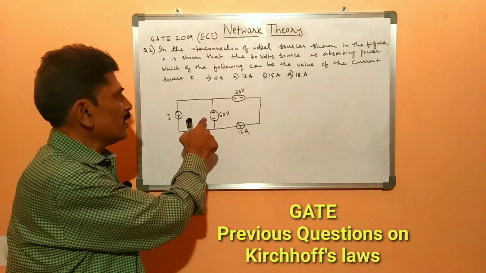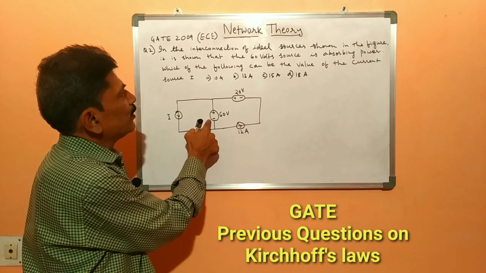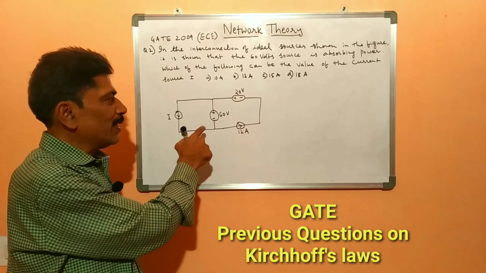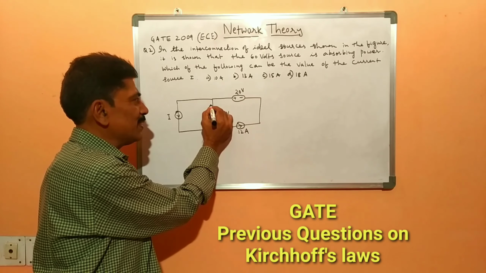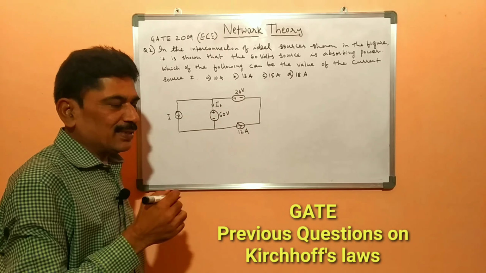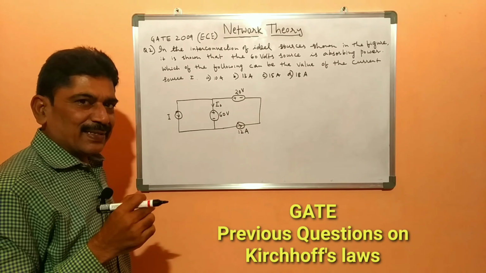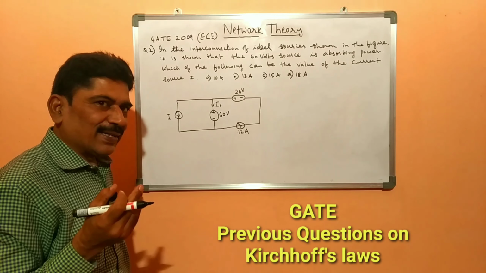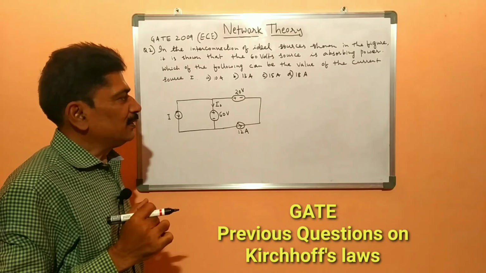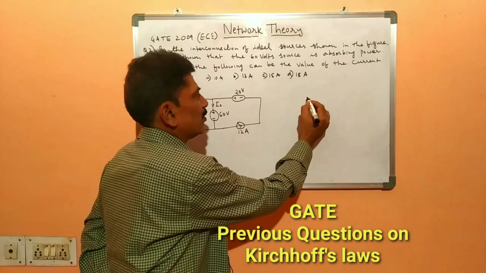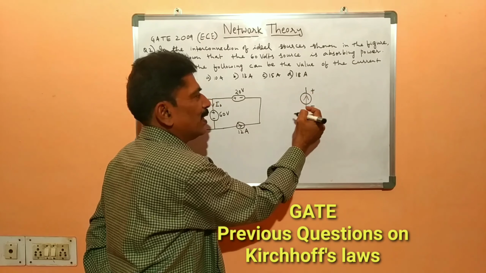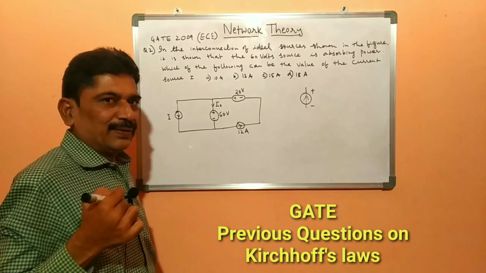Here it is given that the 60 volts source is absorbing power. So what is the power absorbed by this? 60 into the current which is entering. Let that be Is. Is is the current entering, since it is absorbing source. If it is delivering the power, then the current should move out from the positive terminal. Same thing is applied to current sources also. If the current source is like this, and this is the positive terminal and this is the negative terminal, let us say, then it is a delivering source which delivers the power.